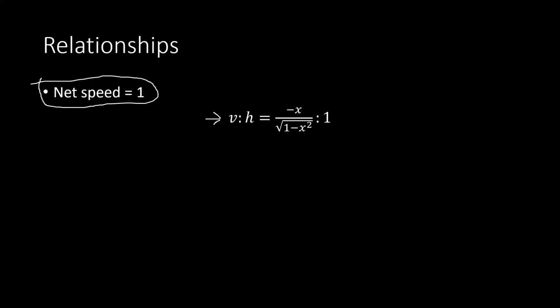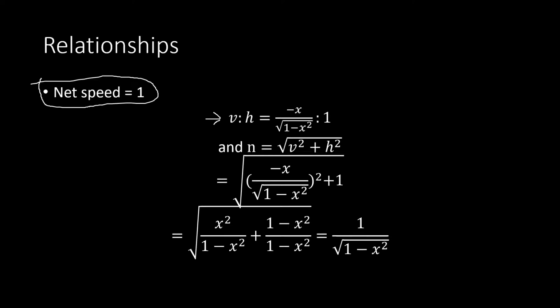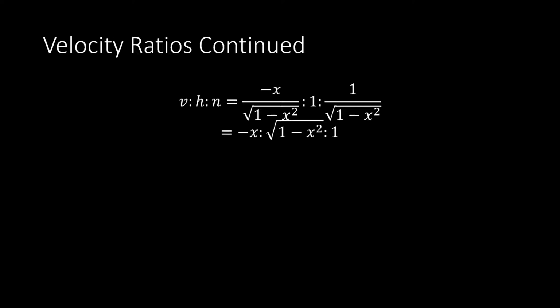To calculate the net speed, you can use Pythagoras' theorem, subbing in the vertical speed and horizontal speed, and it gives this value. But didn't we say that the net speed was 1? We've left the ratio so that the last term is 1. And what do you know? Now there's negative x.